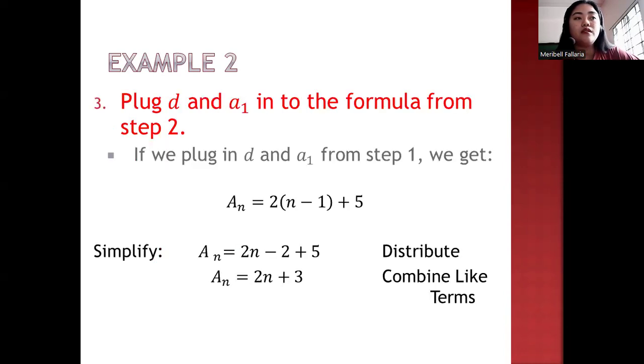Step 3, plug the values of B and A sub 1 into the formula from step 2. Our B is 2 and A sub 1 is 5, so 2 times n minus 1 plus 5. Combining like terms, A sub n is equal to 2n plus 3.